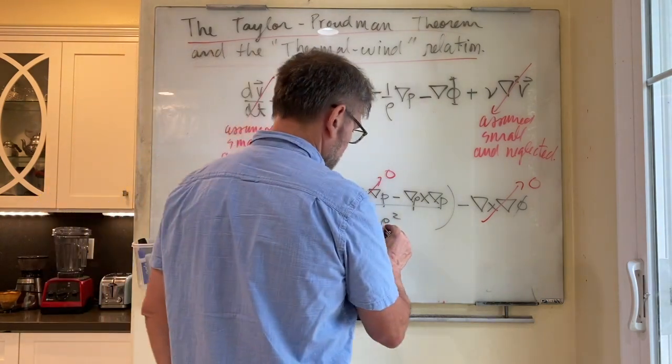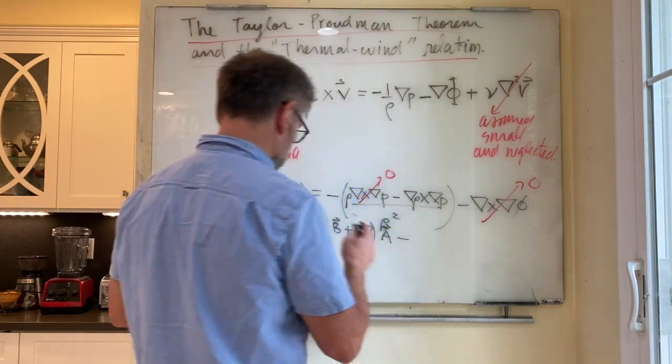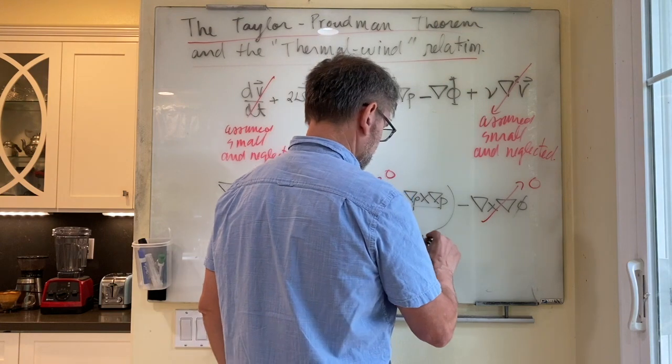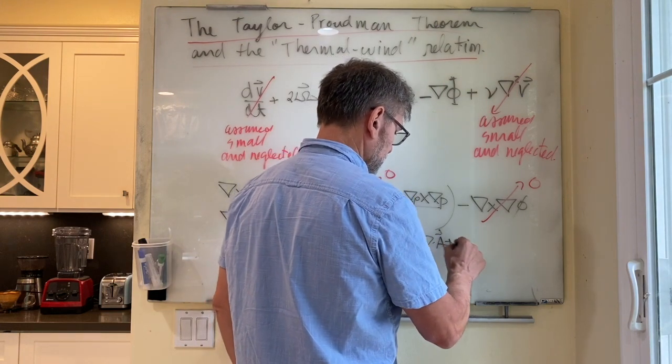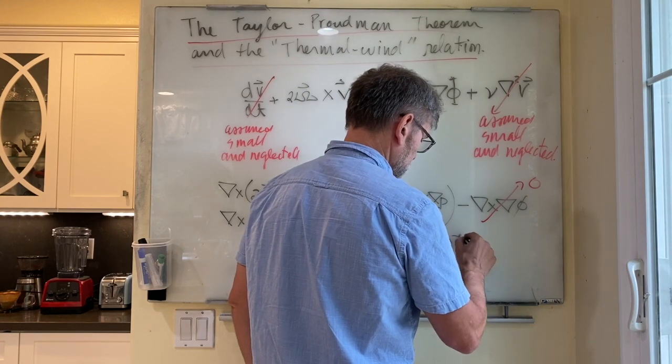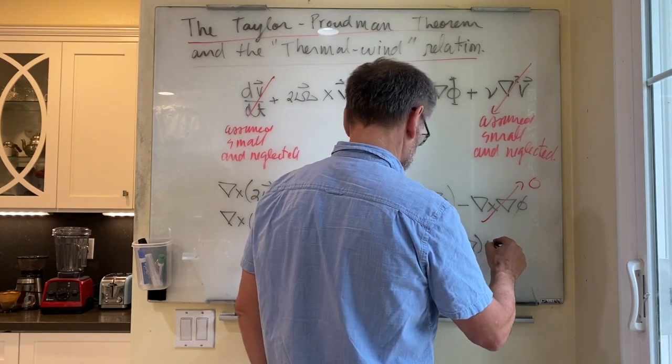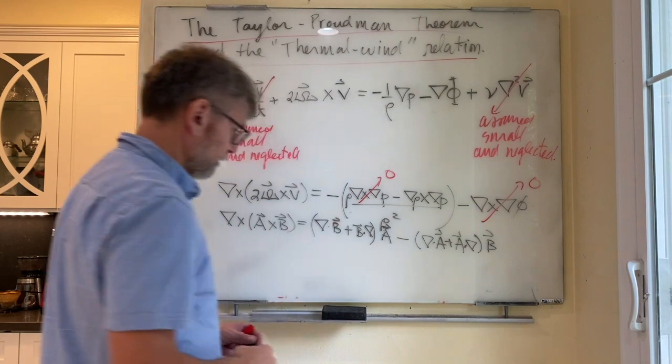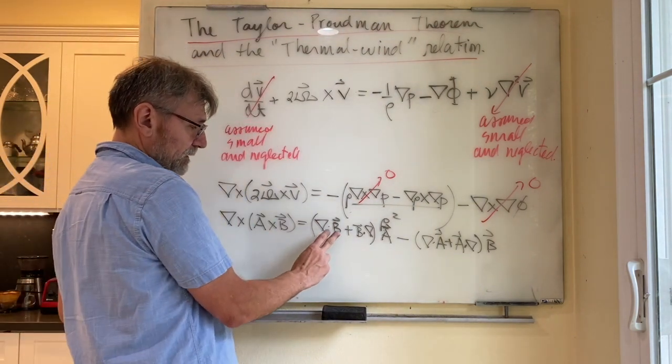Minus, and there's a symmetry to it, and then it's just to flip the symbols. The divergence of A times B plus A dotted with grad applied to B. So the first term here, the divergence of B, that's going to be a scalar.